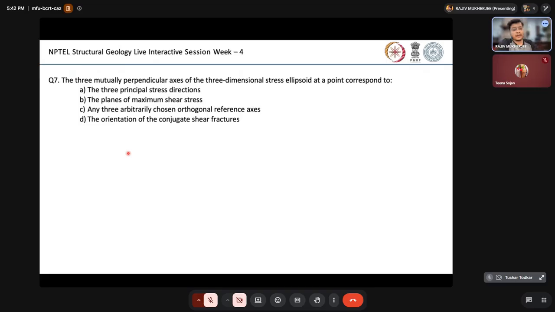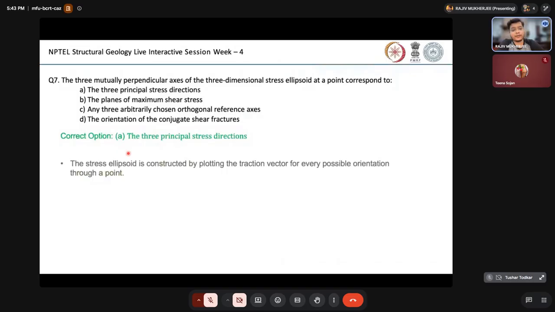Okay, so of course option A is the correct answer, because the three principal stress directions are the three perpendicular axes of the stress ellipsoid. Right? The stress ellipsoid is constructed by plotting the traction vectors for every possible orientation through a point.